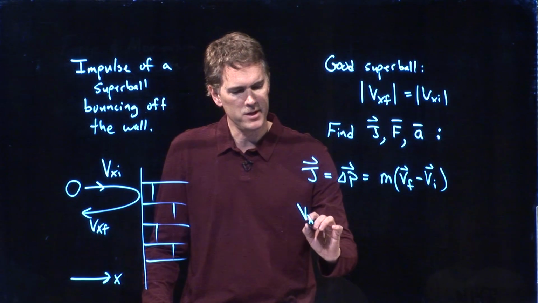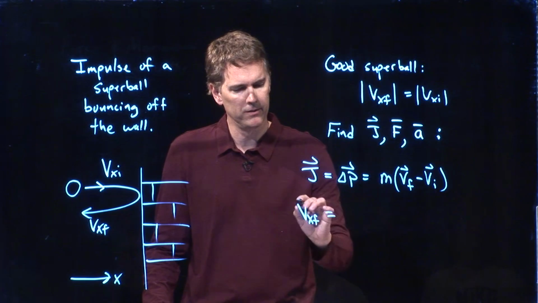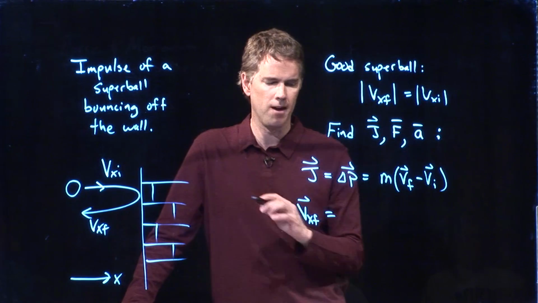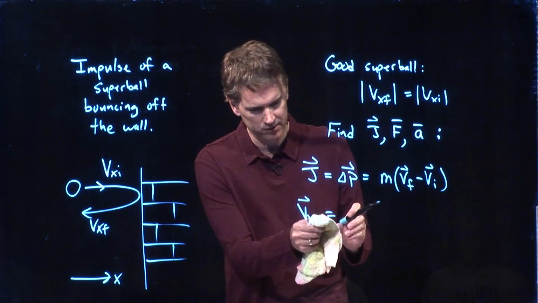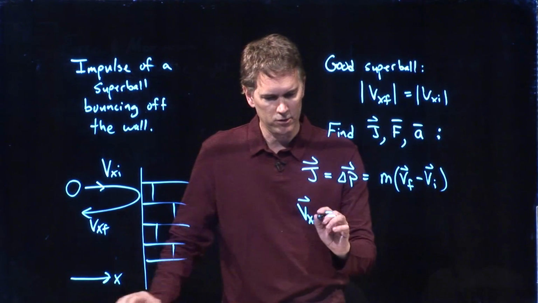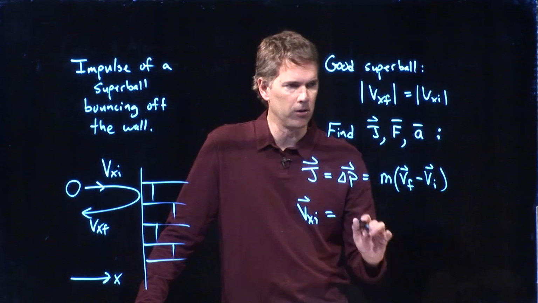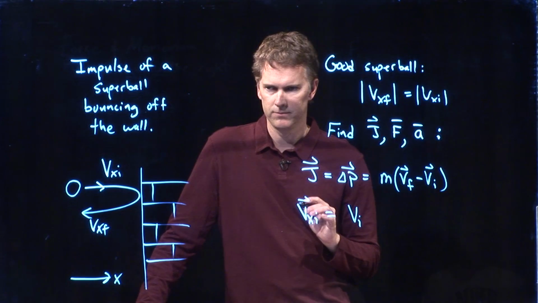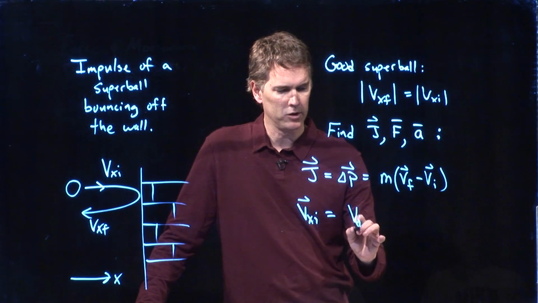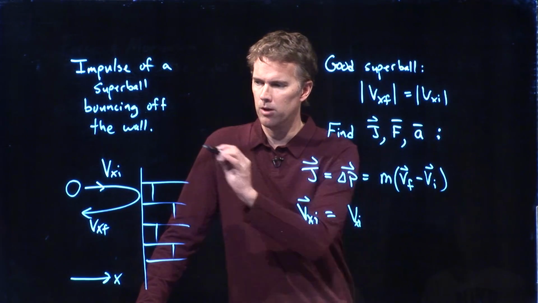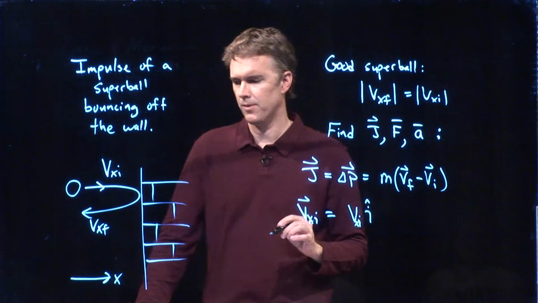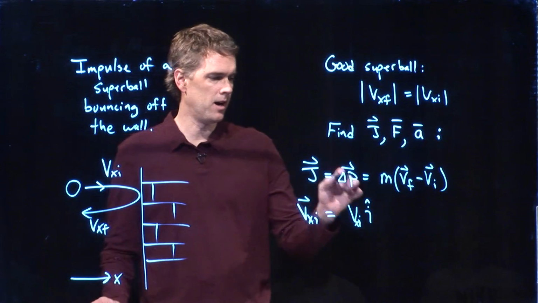If I think about Vx final, I have to worry about the vector Vx final and the vector Vx initial. Let's start with Vx initial. It's going to be some speed, V initial, but it's also a direction. It's in the positive x direction, so we say positive i hat.